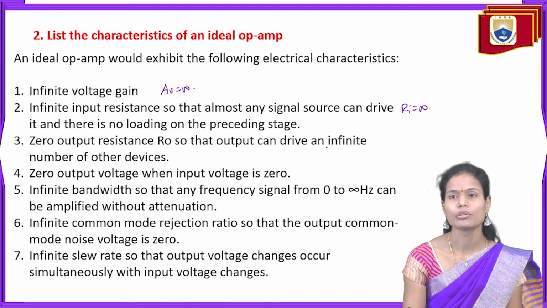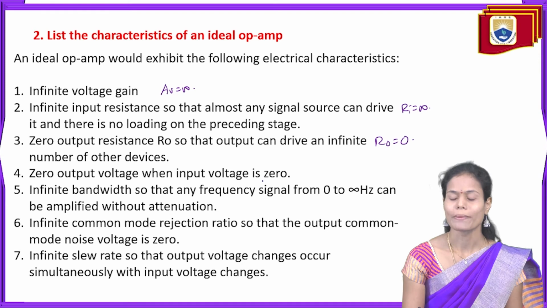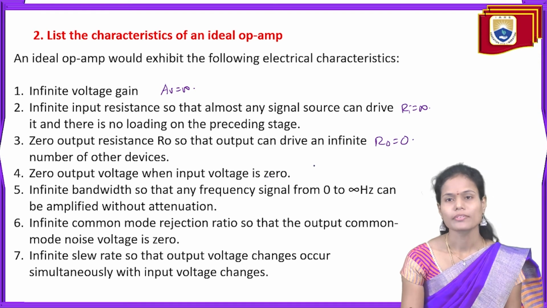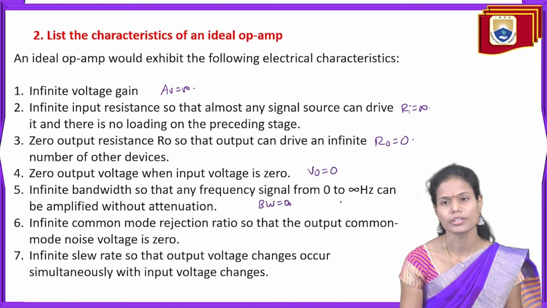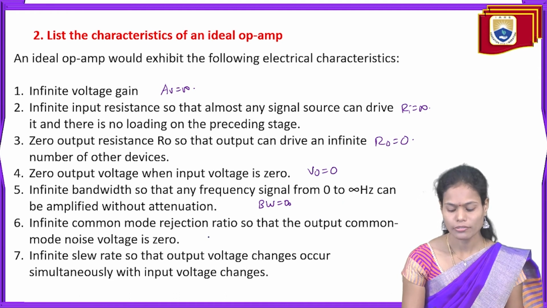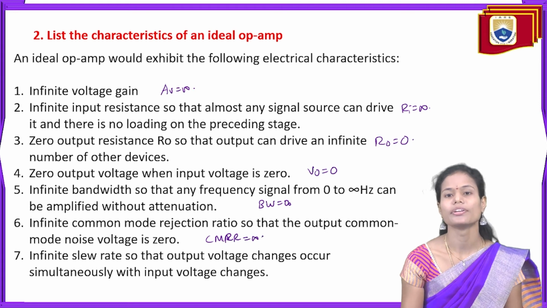And the output resistance is 0 in the case of ideal operational amplifier, and whenever the input voltage is 0, the output voltage is also 0. It will provide the infinite bandwidth within the range from 0 to infinity hertz, and it will provide the common mode rejection ratio as infinity here.